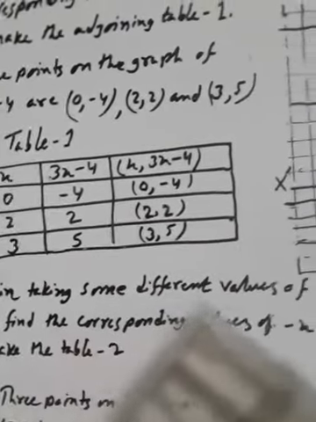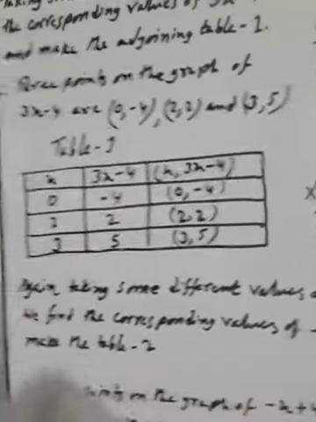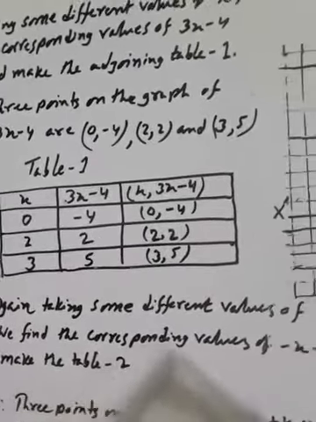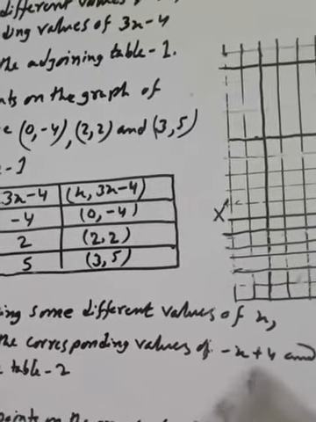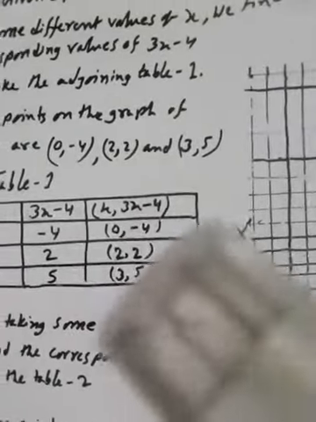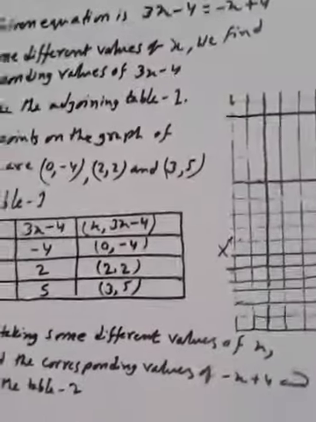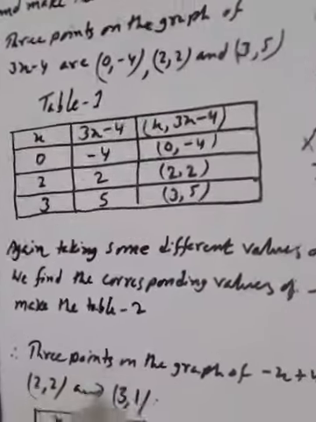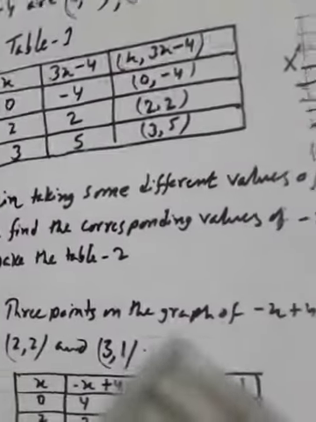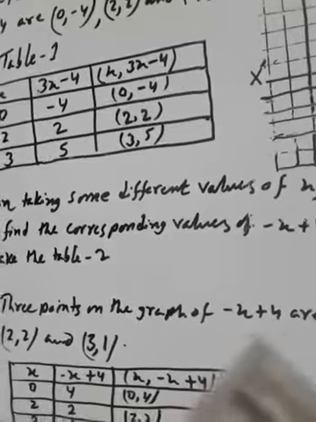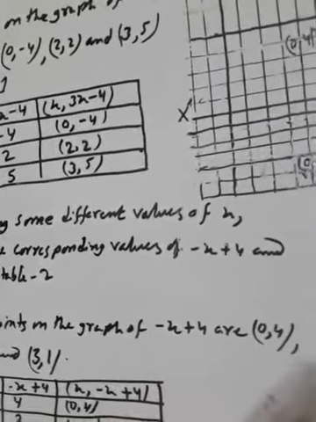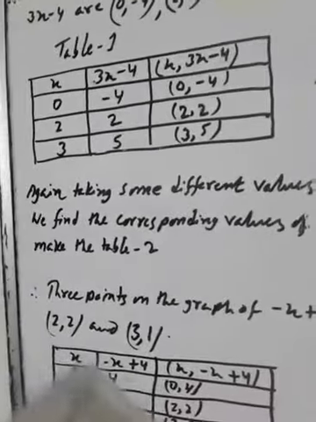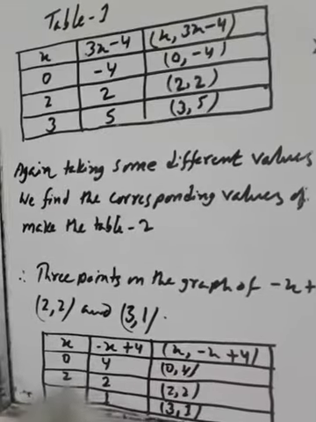Again, taking some different values of x, we find the corresponding values of -x + 4. The other equation is -x + 4. Make table 2. In the second table, 3 points on the graph of -x + 4 are (0, 4), (2, 2), (3, 1).